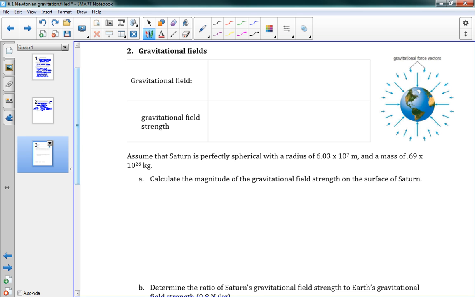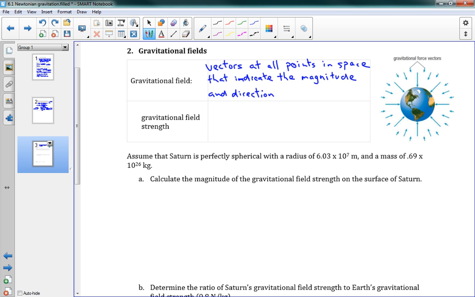There are lots of different ways to talk about fields, but one thing that we can say is that we can call a gravitational field a set of vectors at all points in space that indicate the magnitude and direction of Fg at that point.